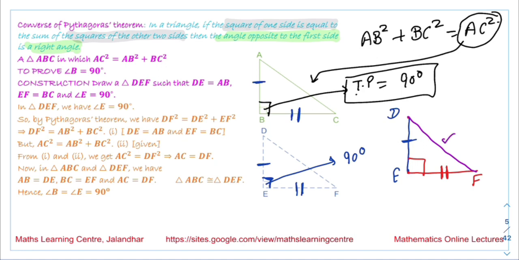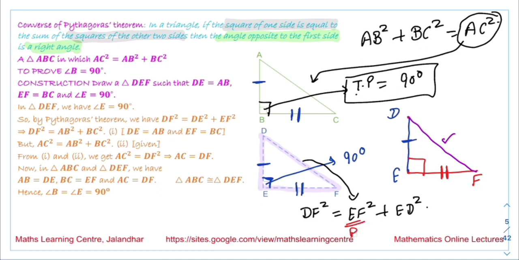Now we are talking about the triangle DEF. In this triangle, we are saying this angle is 90 degrees. So what is the length of this side? The value of DF square will be equal to EF square plus ED square. Now what is the value of EF?